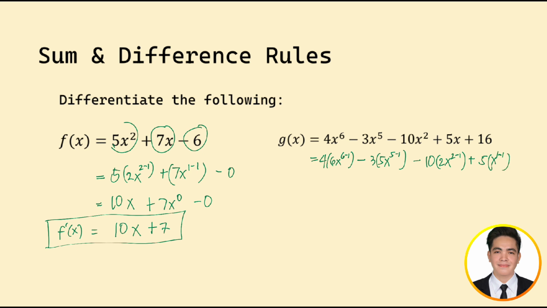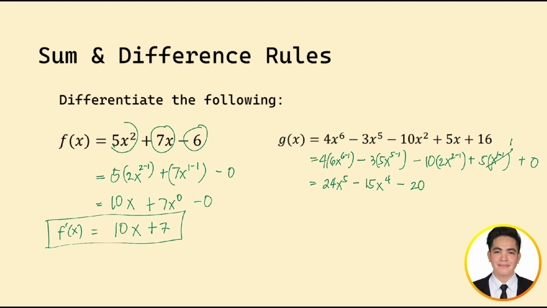So, take note that 1 minus 1 is 0 and x raised to 0 is just 1. Plus, the derivative of a constant is 0. Then, we simplify. 4 times 6 is 24. X raised to 5, minus 3 times 5 is 15. X, 5 minus 1 is 4. And then, minus 10 times 2 is 20.